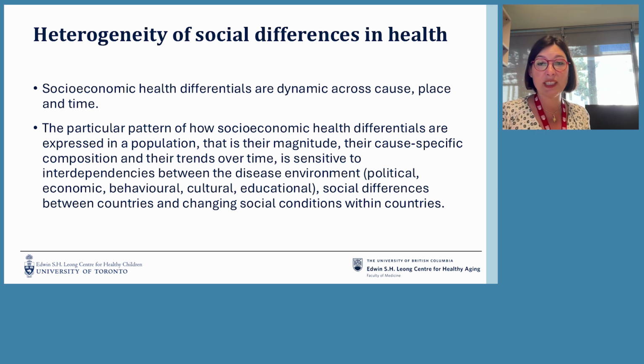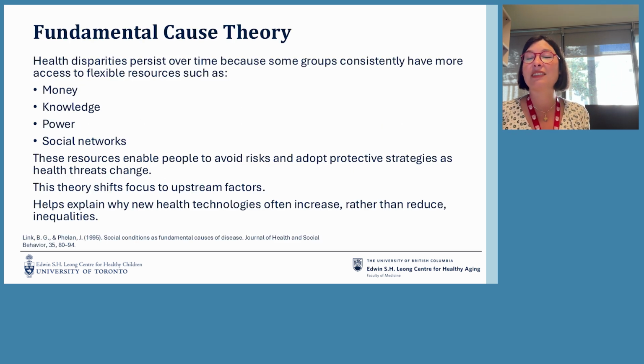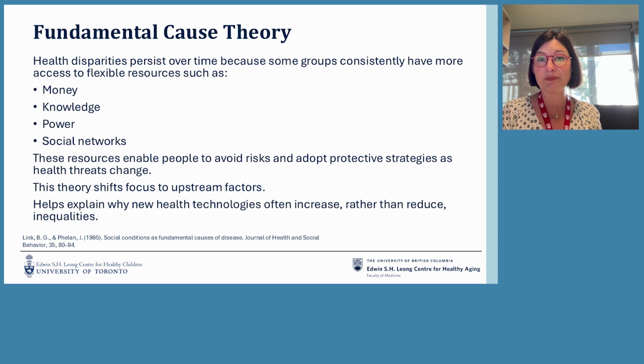So one theory that is probably able to take all this together is the fundamental cause theory. This theory postulates that health disparities persist over time because some groups consistently have more access to flexible resources such as money, knowledge, power, or have larger or more impactful social networks.